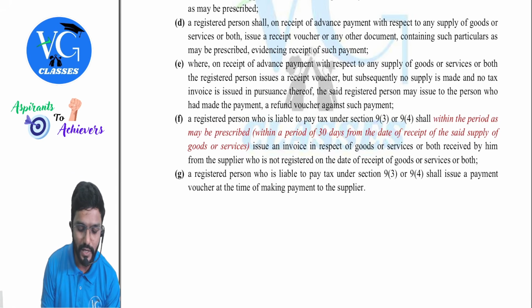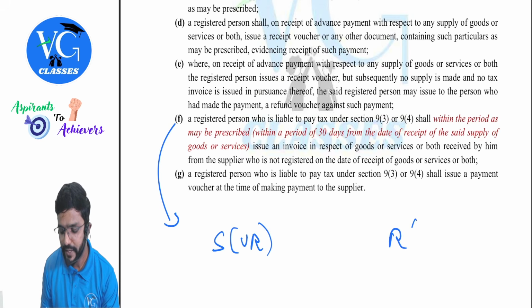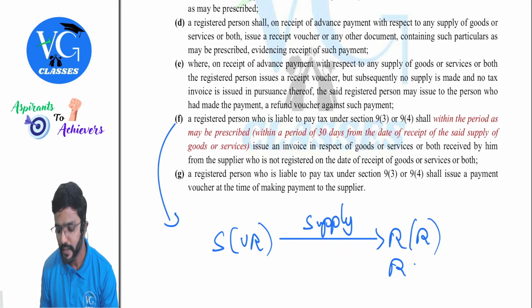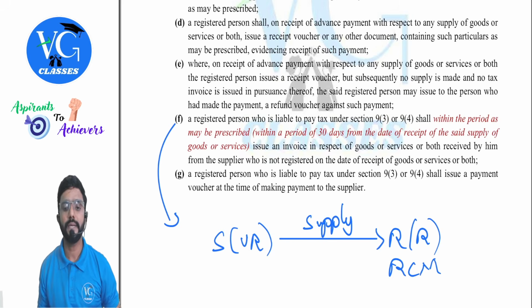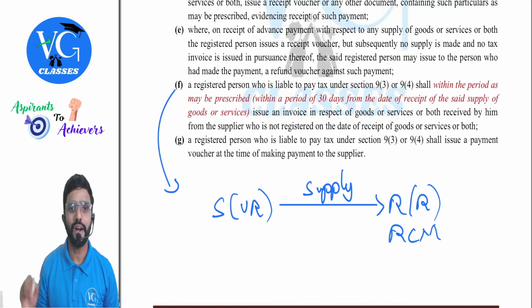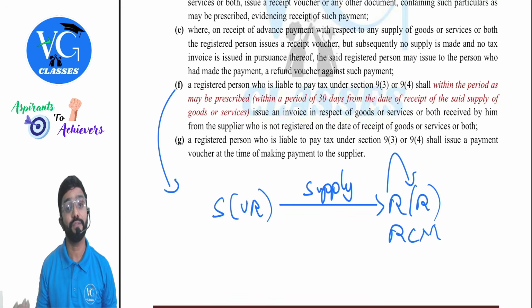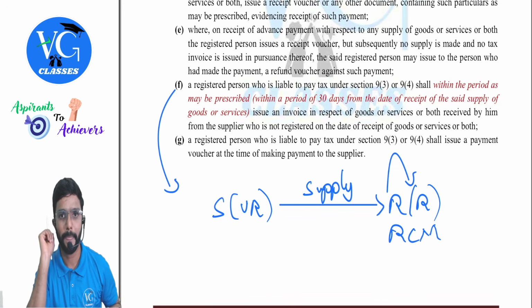Guys, in this case, what they are trying to talk about here is supplier is not registered, whereas the recipient is registered. Sir, there is a supply. Whereas for this supply, recipient is the one who is liable to pay tax under RCM. So what should he do is, he should issue invoice for himself. We call it as self-invoicing.